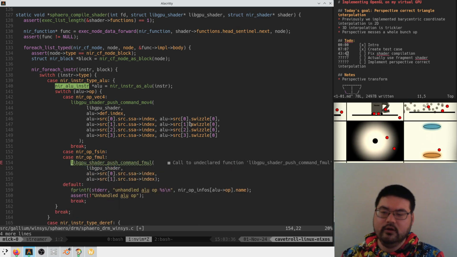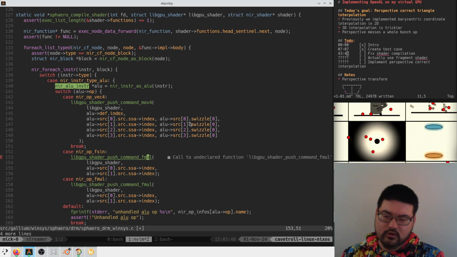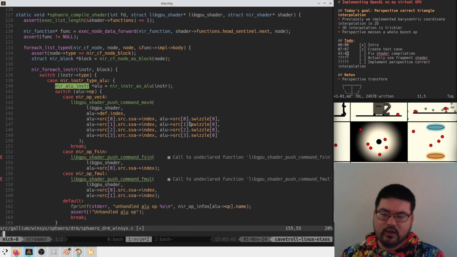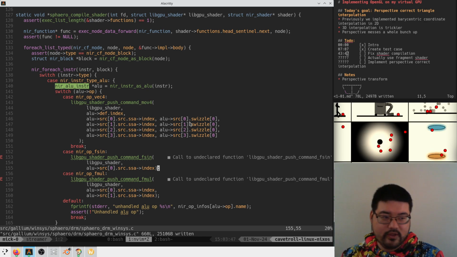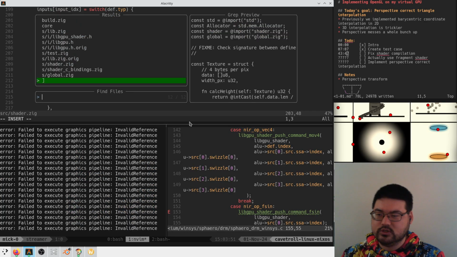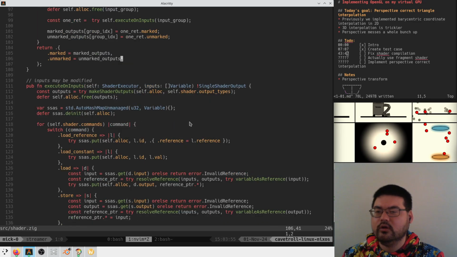Oops, this is the wrong one. And then for f sign, we only have to take in one thing. And that should work, which means that for our implementation of this thing, we need to add some commands that we can execute.